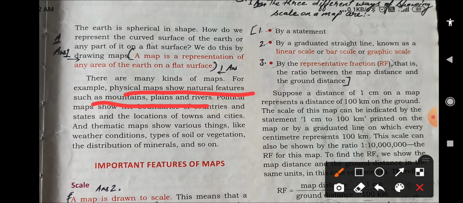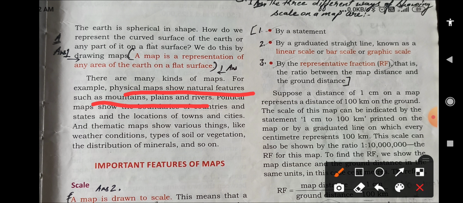So first of all, here we will discuss the scale. What is the scale? Whenever we are going to draw a map, we need a scale. A particular length on the map shows a particular distance on the ground. Suppose I'll tell you an example.